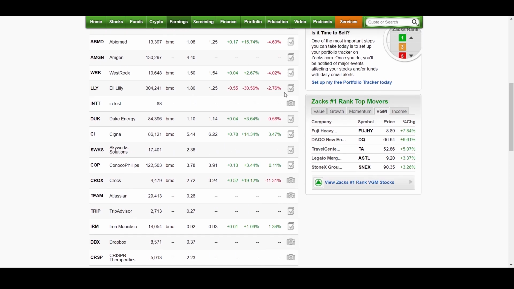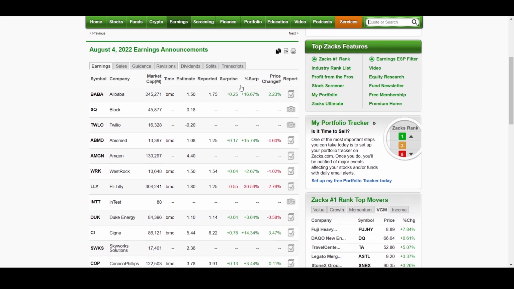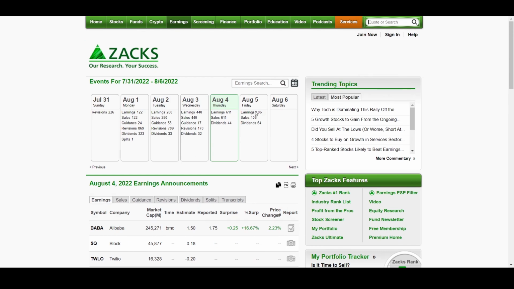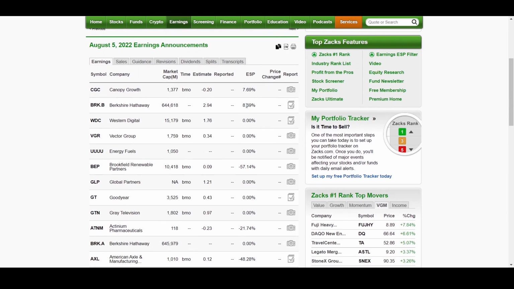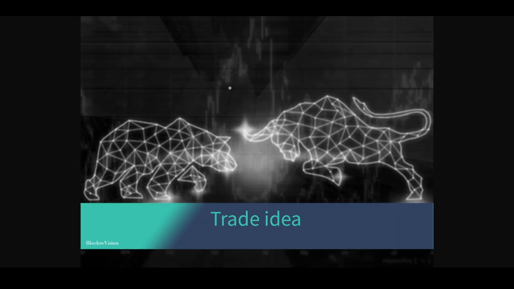So it means the market was not surprised very much, but this surprise was positive anyway. In tomorrow's earnings day, we may find Berkshire very interesting to watch, and also Canopy, which is also interesting especially for new investors that entered the market in 2021 and got interested in these Canopy markets.